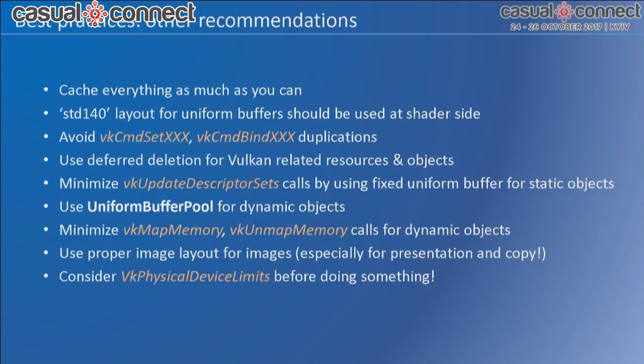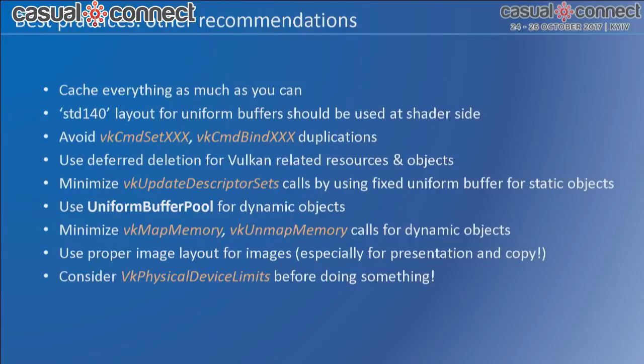Here are some general recommendations. I want to draw your attention to some key points. Almost all objects in Vulkan are reusable, so you should cache everything as much as you can. Especially this relates to pipelines, because creation of a pipeline is a really expensive operation.